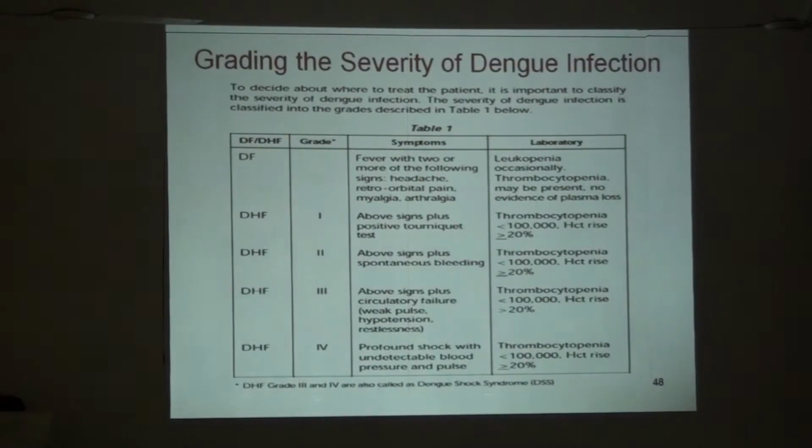Here the thrombocytopenia is less than 1 lakh and hematocrit rises more than 20%. Dengue hemorrhagic fever grades 3 and 4 are also called dengue shock syndrome, because in grade 3 there are signs of circulatory failure: weak pulse, hypotension, restlessness, and thrombocytopenia less than 1 lakh. Hematocrit rises by more than 20%.